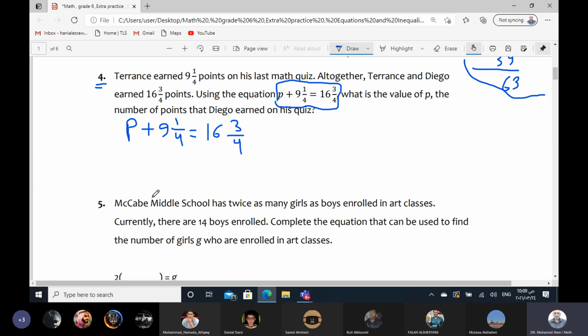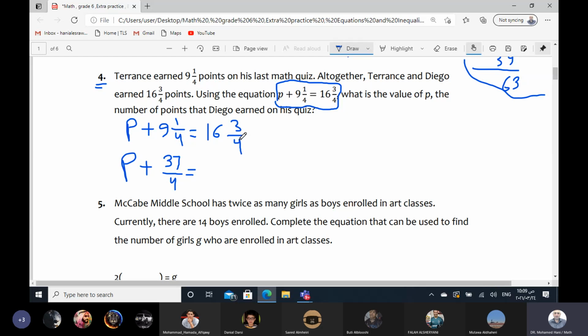The first step here in this equation, we have mixed numbers. So the first step, change to the fraction. So we can write here P plus, change the mixed number here to the fraction. 9 times 4, 36. 36 plus 1 will be 37 over 4 equals.